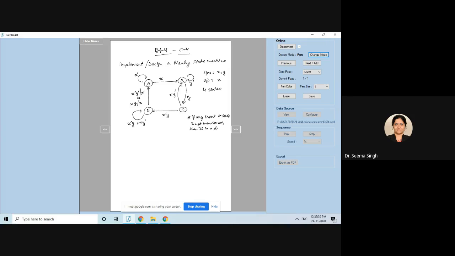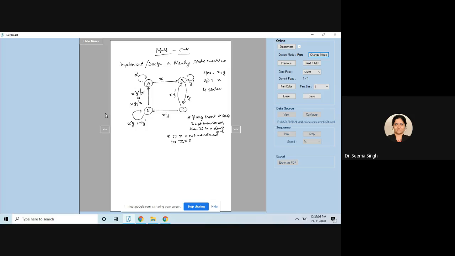Number two, what you have to understand here is that if Z is not mentioned, then Z is considered as 0. So from D to A also, only in one case Z is 1. For the other case also Z is 0. And wherever Z is not mentioned, there it is 0 only.